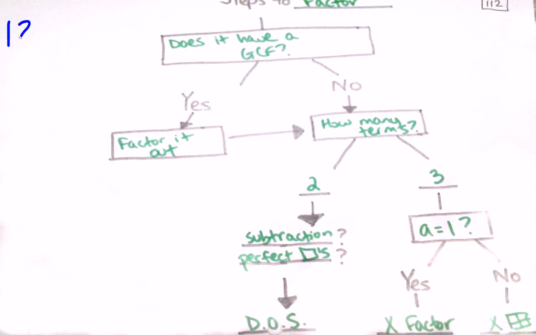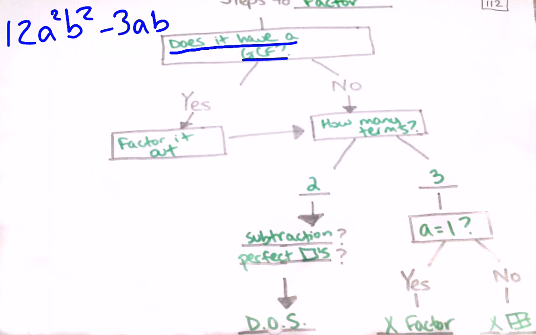So first, let's look at 12a squared b squared minus 3ab. The first thing I need to do is see, does it have a GCF? In this case, I do. If I look at 12 and 3, there is something that goes into 12 and into 3, and that would be 3.